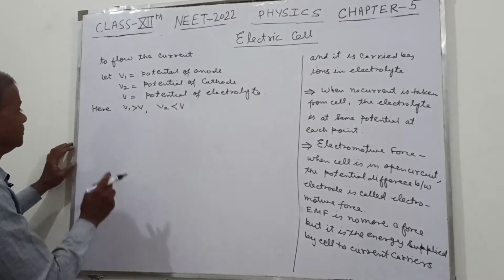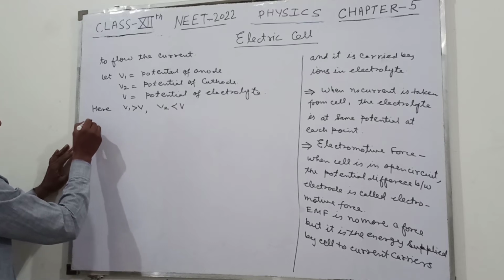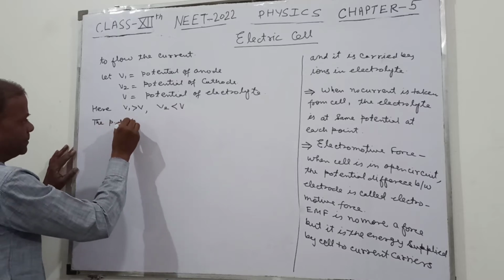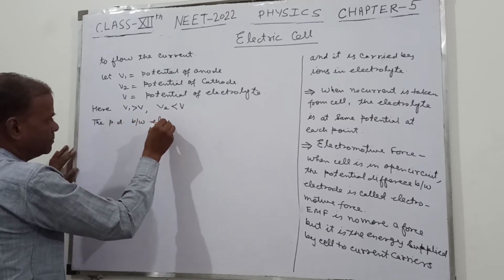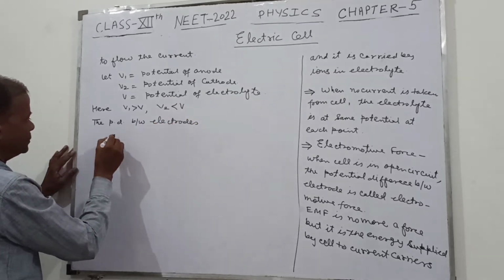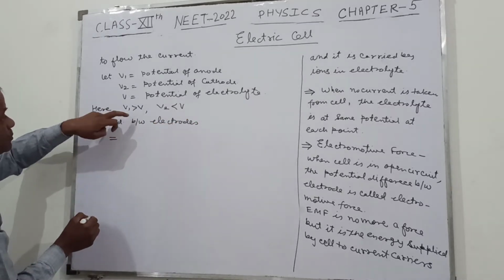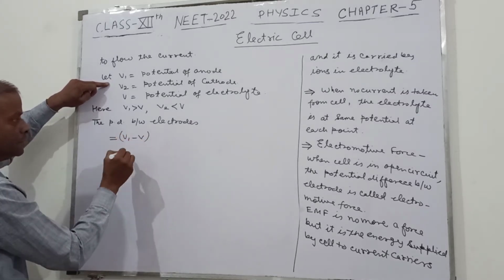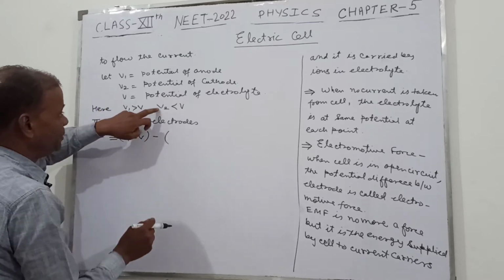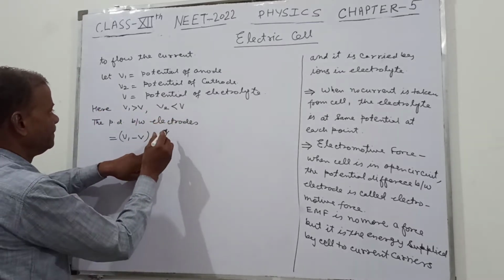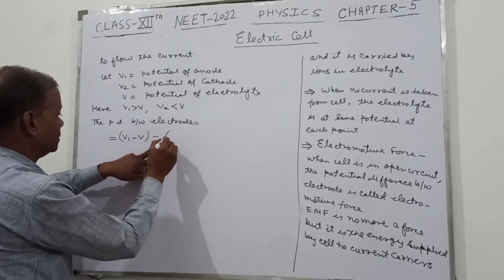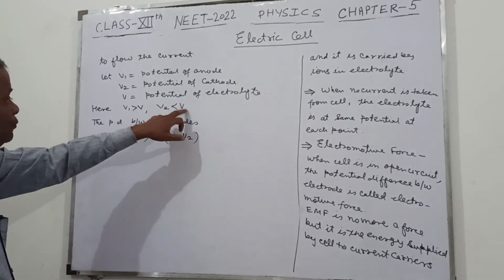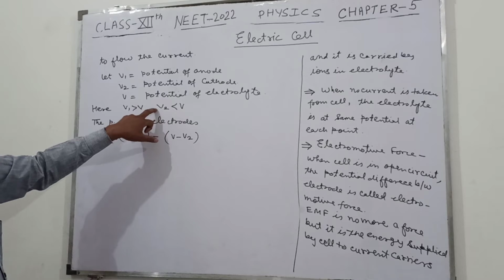So now what do we have? Therefore, the potential difference between electrodes is equal to, since B1 is more than V, B1 minus V, and since B2 is less than V, V minus B2, because V is more than B2.